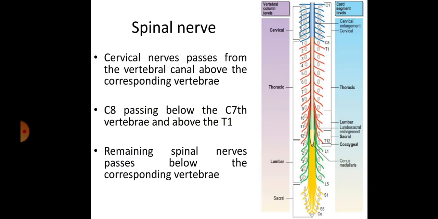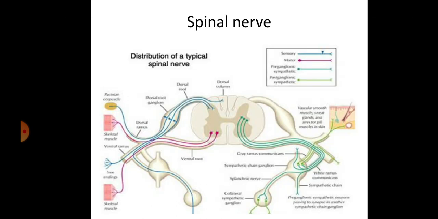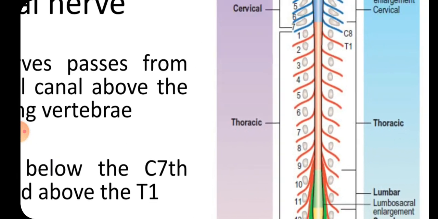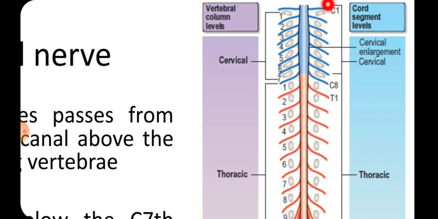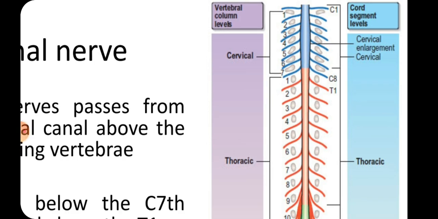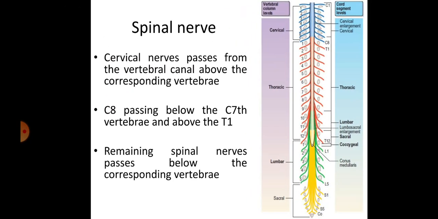Cervical nerves pass from the vertebral canal above the corresponding vertebrae. For example, see, this is the C1 spinal nerve passing above the C1 vertebra. And this is the C2 vertebra, and the C2 cervical nerve is passing above. It means the cervical nerves pass from the vertebral canal above the corresponding vertebrae.